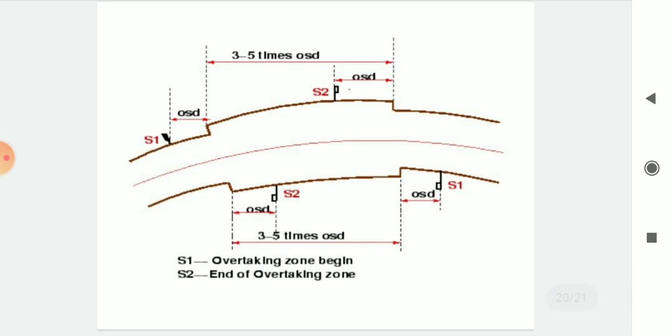Here we can see the distances S1, S2 and overtaking zone of 3 to 5 times OSD, where S1 is the overtaking zone begin and S2 is the end of overtaking zone.